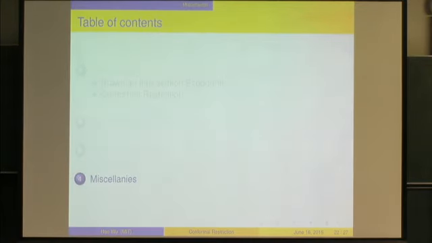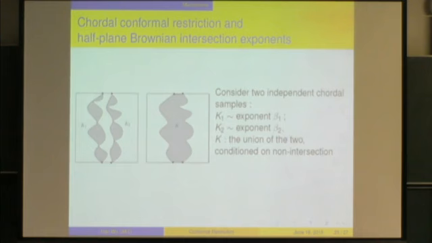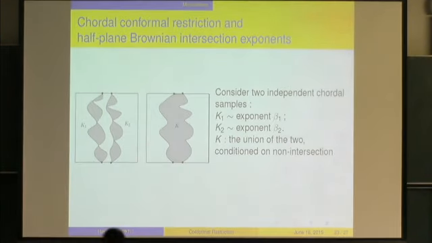Next I will talk about some related properties. First, consider we have two chordal conformal restriction samples K1 and K2, the first one with exponent beta 1, the second one with exponent beta 2. If we put two independent samples together, the union of the two is of course also a chordal conformal restriction measure, and the exponent would be beta 1 plus beta 2.